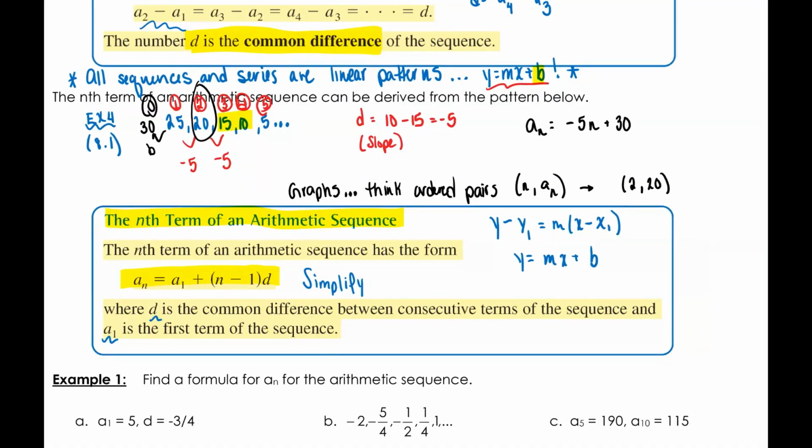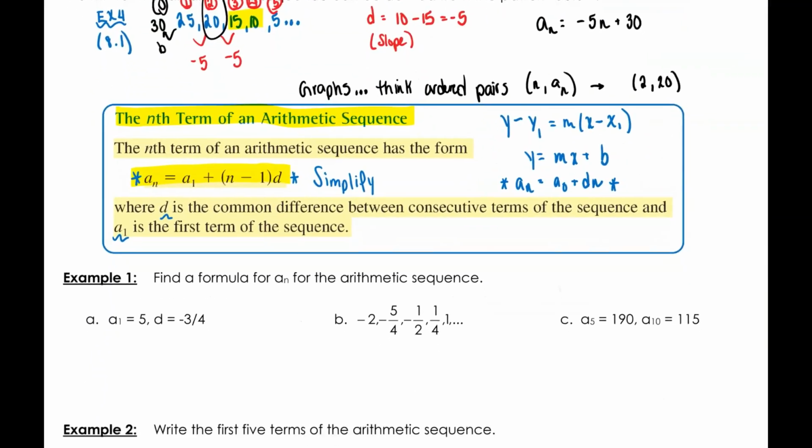Another version of the explicit formula, in terms of sequence symbols, would be a sub n equals a sub 0 plus d times n. This is the one I tend to go with whenever I can, because I think it's the easiest one to use.